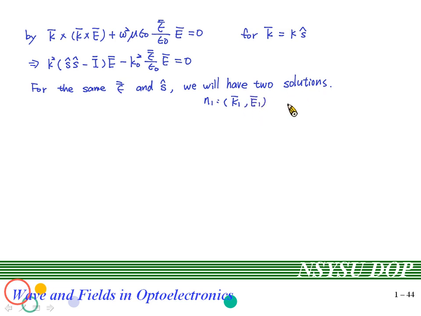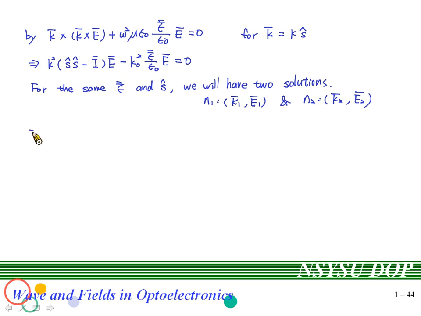For another solution, which will experience the material index N2, it has the corresponding K vector K2 and the E field E2. These two are the solutions to this equation. So if you take these two into this equation, they all satisfy this equation.